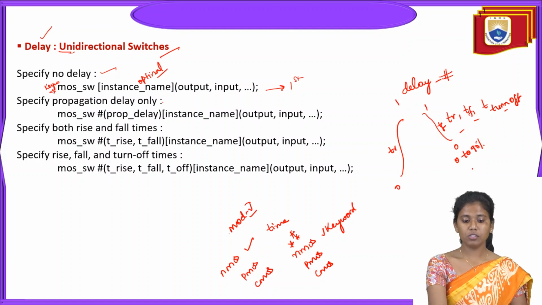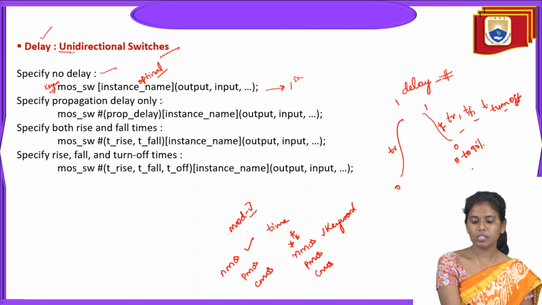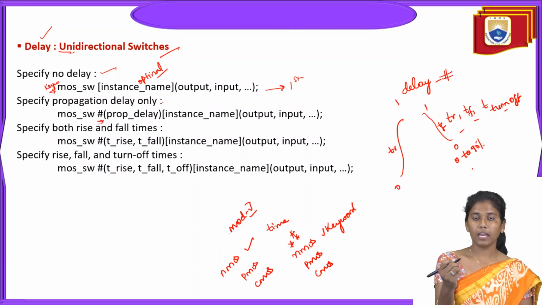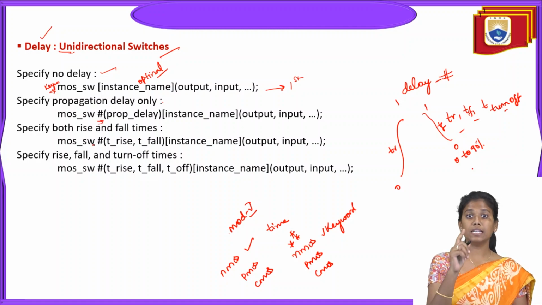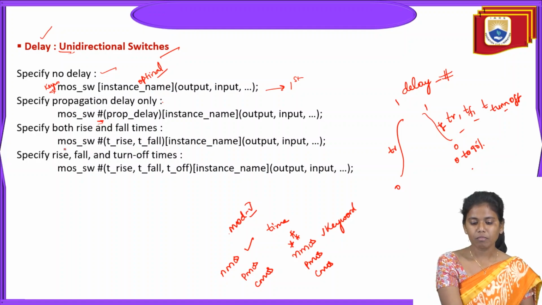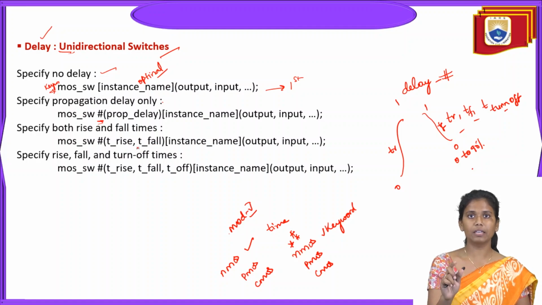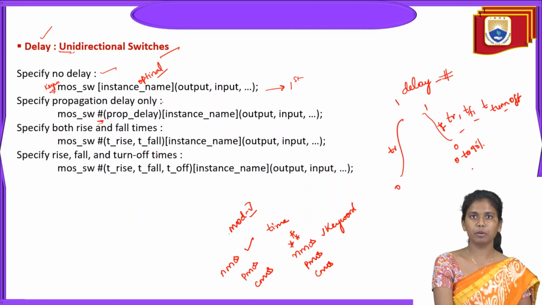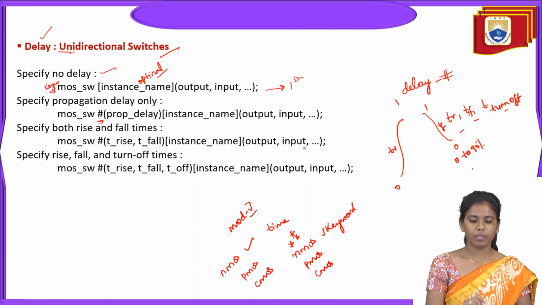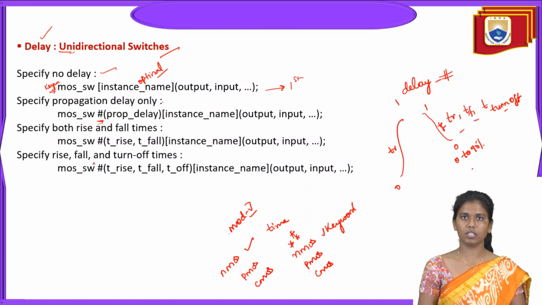So here we are specifying the propagation delay. This is how we represent it. If you are specifying both rise and fall times, then here MOS switch T rise and T fall, two particular delays, rise time and fall time, then the instance name, and also the port list. Then finally, specify rise time, turn off time, and fall time as well.